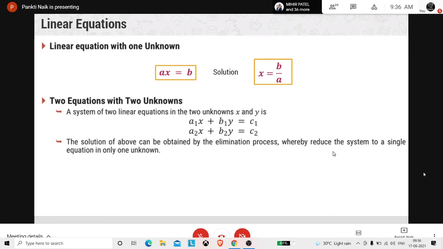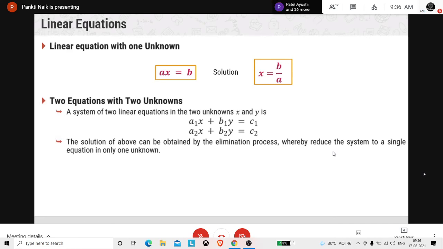In order to obtain the solution to the unknowns, we can use the elimination process, right? And which elimination process? Gauss elimination method, right? You already learned this Gauss elimination in Maths 4, right? So you can use that elimination method if you have two unknowns, right?